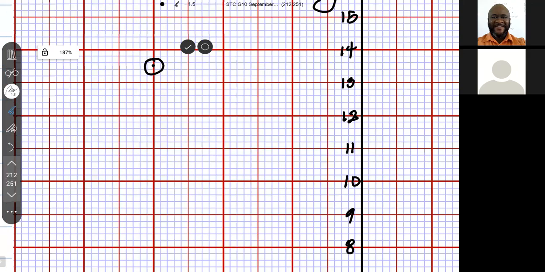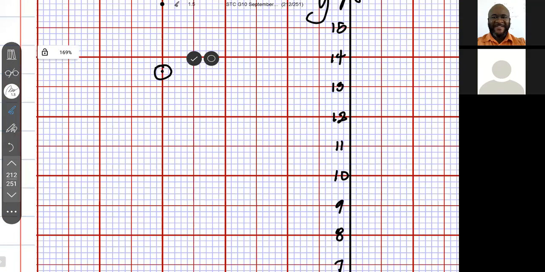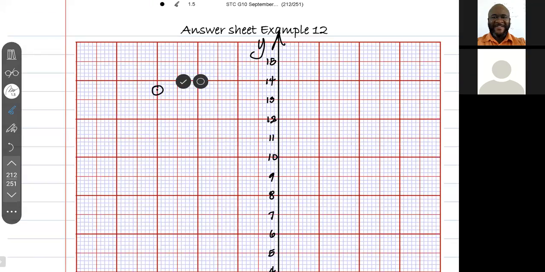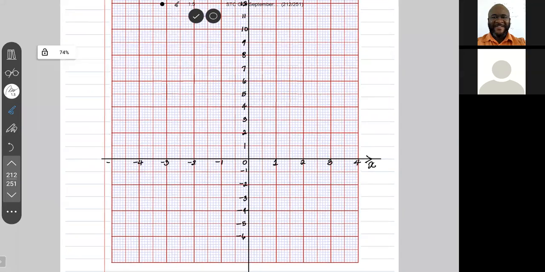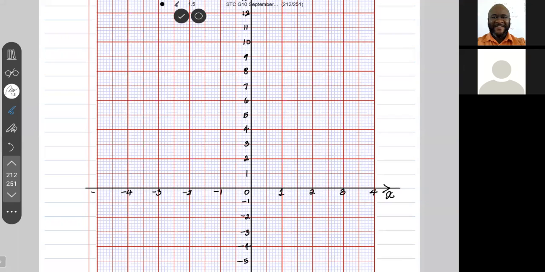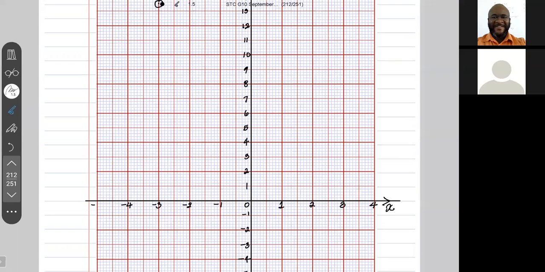The next point is -2, 4, I think. -2, 4, which is here. Then 1, 0.5.